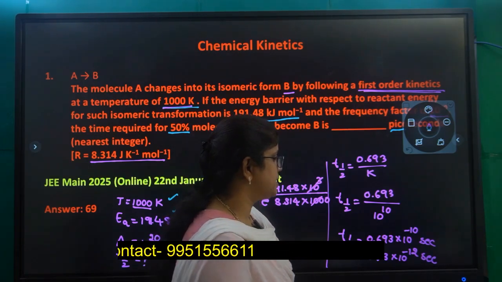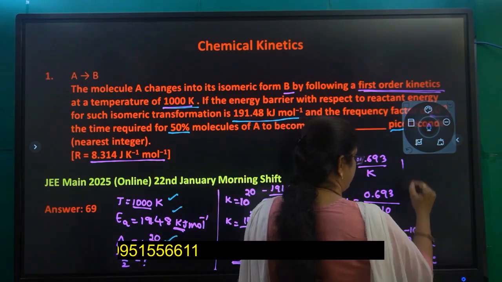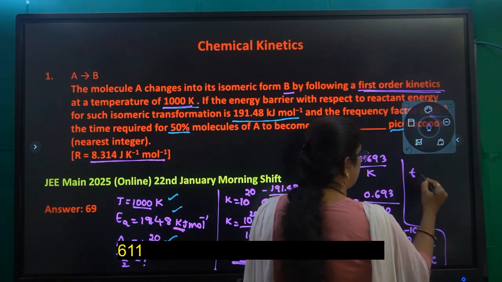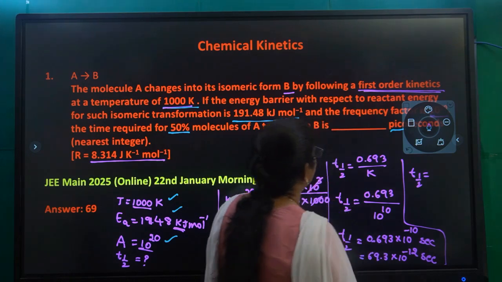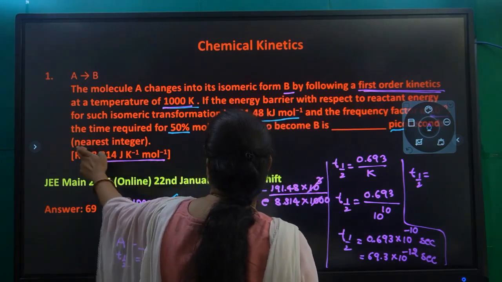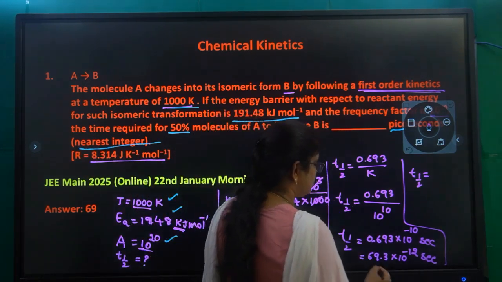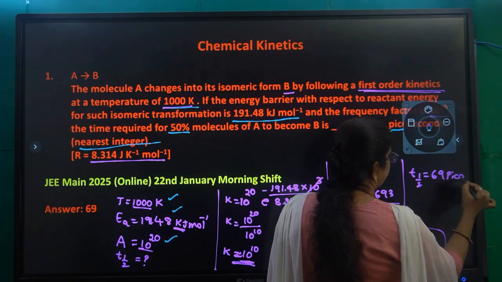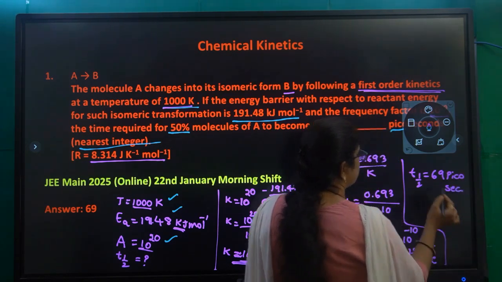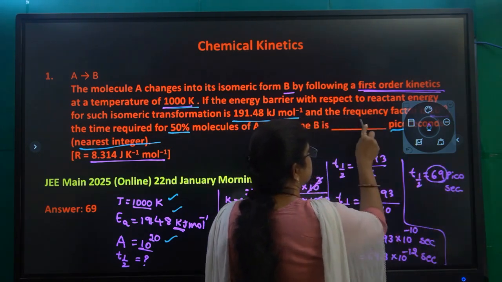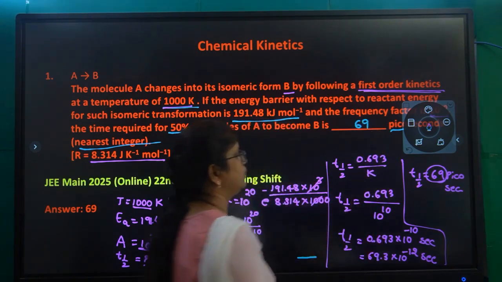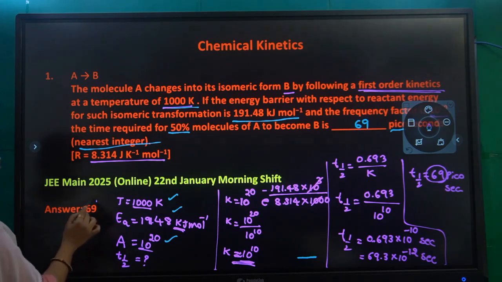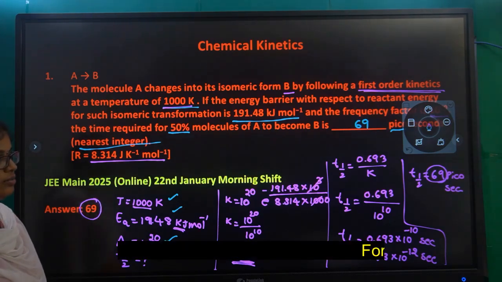He asked for the nearest integer, so T half is 69 picoseconds. What is the answer here? 69.